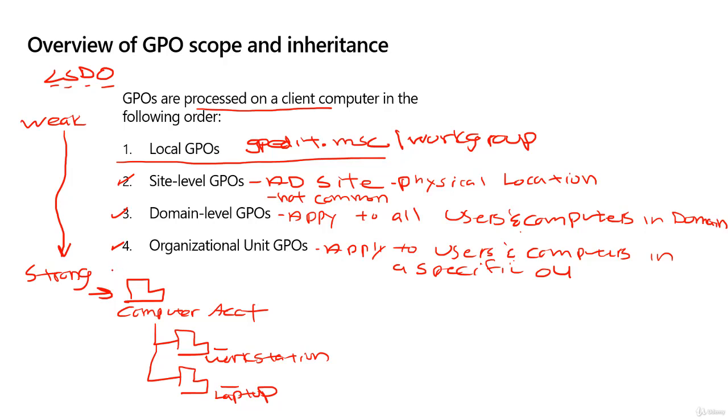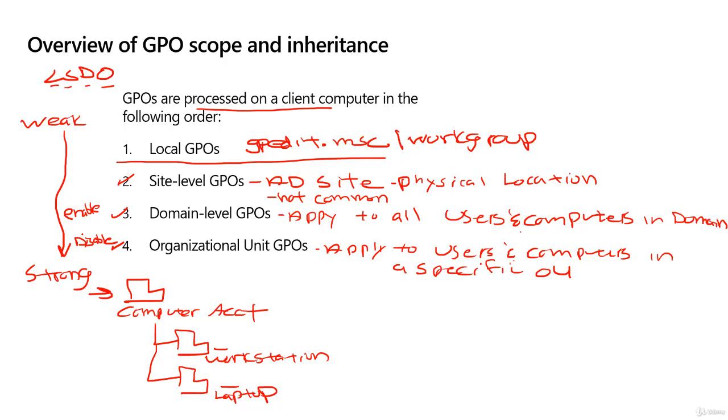Meaning, if there is a conflict, you go to a domain level policy and you enable some setting in a policy. If I create another policy at the OU level and I disable that same setting, that's a completely different policy, but I would actually win.